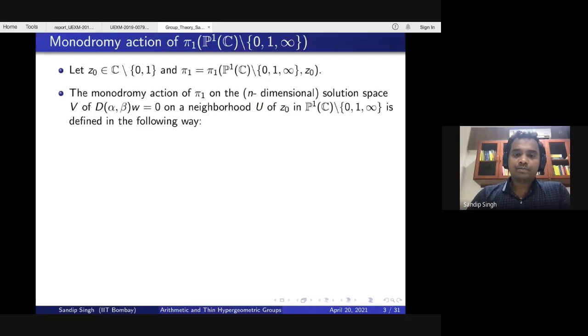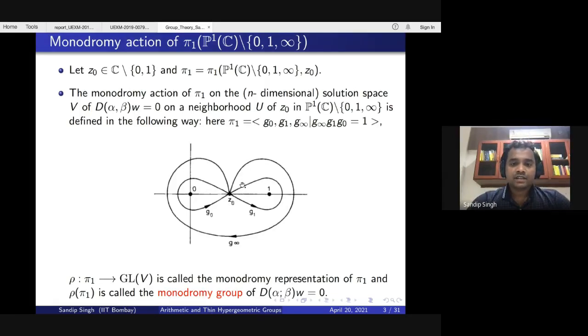Then the monodromy action of pi 1 on the n-dimensional solution space V of this differential equation, on a neighborhood U of z naught in P1C minus 0, 1, infinity, is defined in the following way. If you take a neighborhood U of z naught which does not contain the singular points of this differential equation, then this equation is regular in that neighborhood.